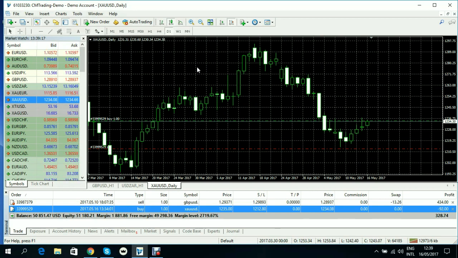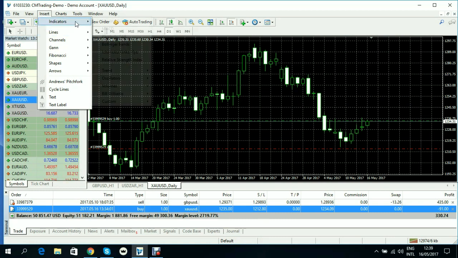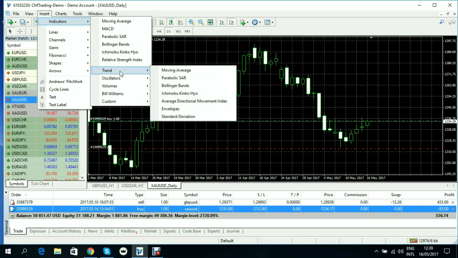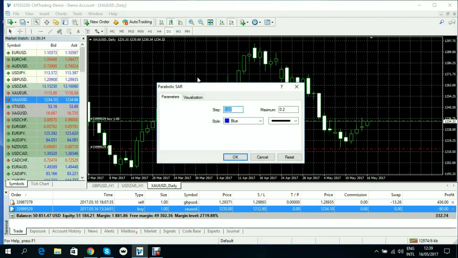How do we get it back? We go to insert, we go to indicator, because we'll find it in trend. It's a trend indicator. We come to trend, then we take parabolic SAR, and when we take parabolic SAR, we have to make sure that it is in these parameters.